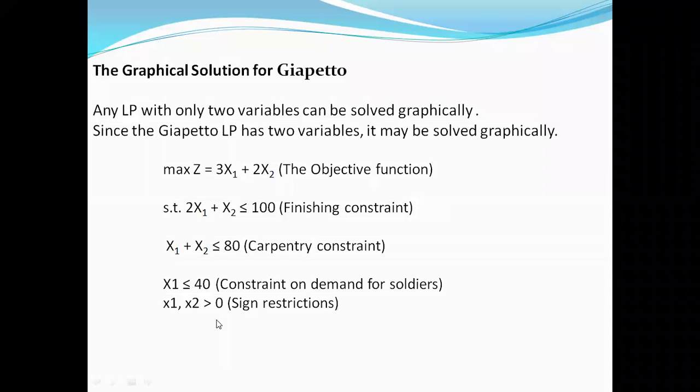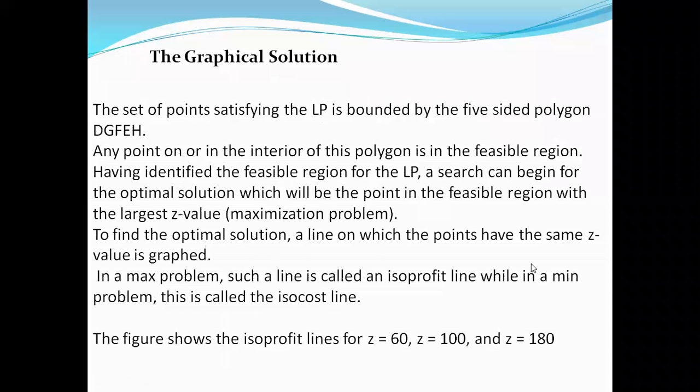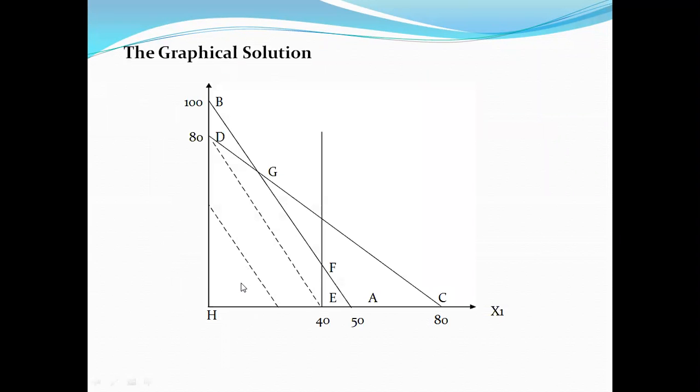Then taking the similar values, we will see the graphical solution and how we need to plot with respect to the existing values, considering a set of points, that is D, G, F, E, and H. This is a dotted line. See, look carefully.